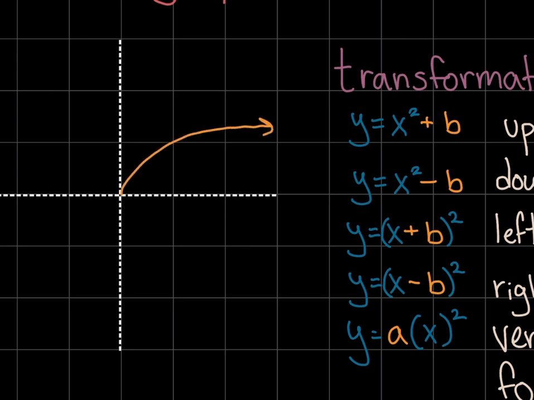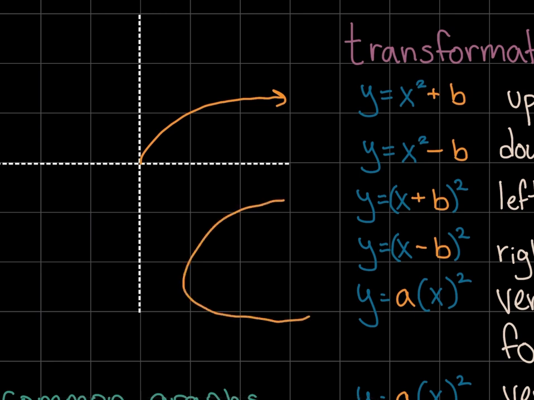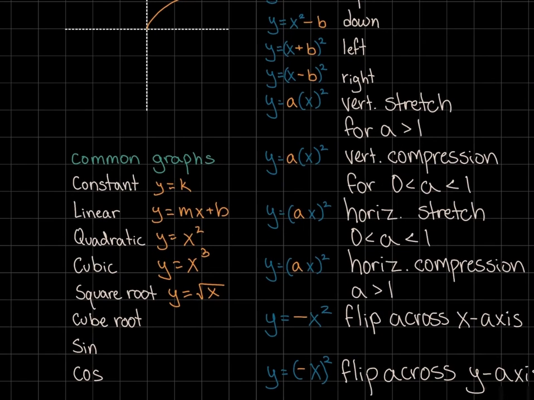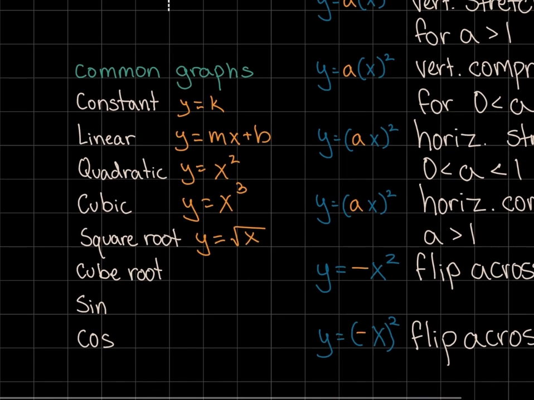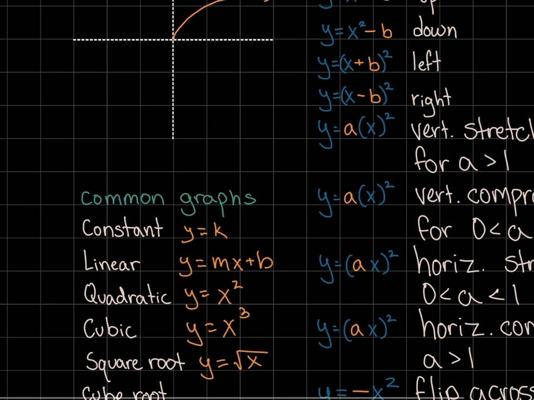So if you were to turn a parabola sideways and then get rid of this bottom part, that's what a square root graph looks like. And we get rid of the second part just because if it has another part to it, then it would not be a function because it doesn't pass the horizontal line test. Just like that, that has two solutions, which it is not a function.